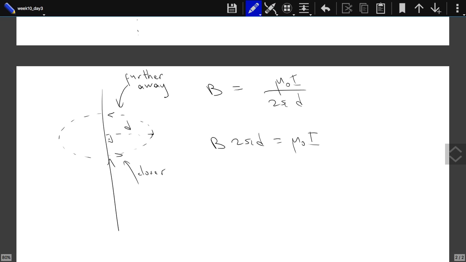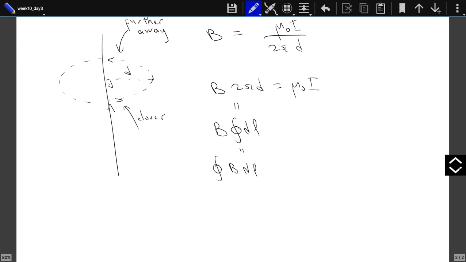But you see, this magnitude times the circumference, I can also write as B times the integral of dl over a closed path. B is just constant on this loop, so this is the same thing as B dot dl, because my loop has this sense, and my magnetic field also has the same direction.